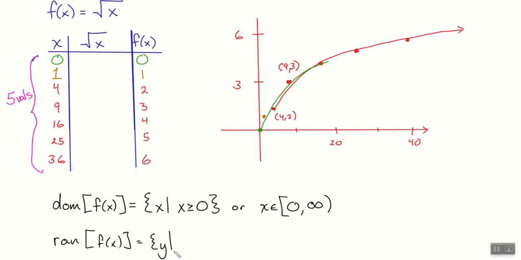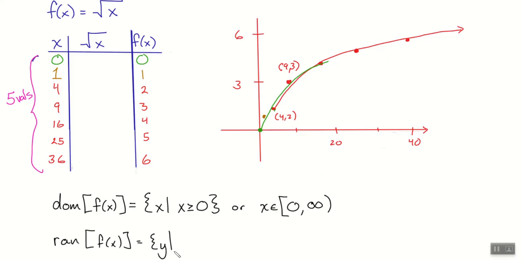But if we take a step back and just think about it, we should be able to discern whether it does or doesn't. If you pick a really big number and take the square root of it, is it bigger than the numbers we have here? If you pick an even bigger number, is it bigger than the numbers that were there already? Square roots never stop getting bigger, right? The square root of 100 is 10. The square root of 10,000 is 100, and they just keep getting bigger and bigger.